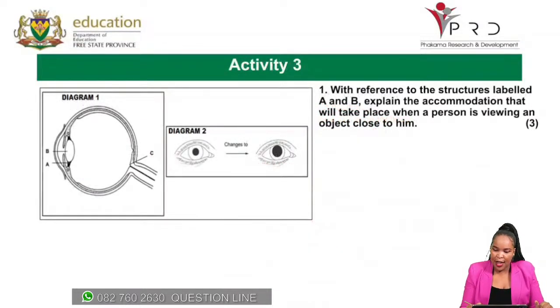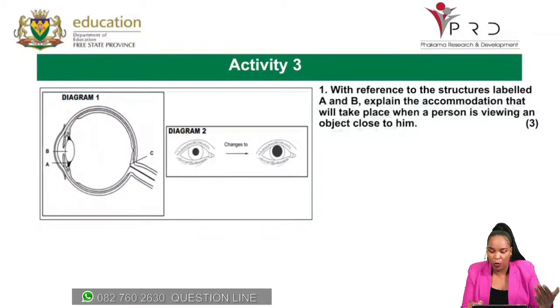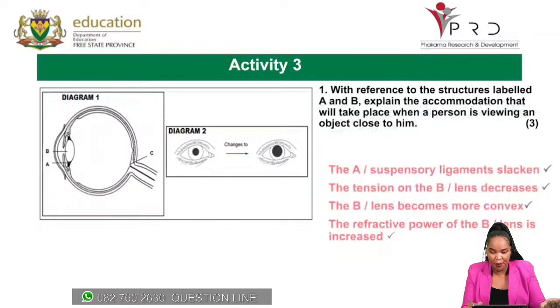Right. And then activity number 3: with reference to the structures labeled A and B, explain the accommodation that will take place when the person is viewing an object close to him. So what is going to happen? We have done a question on accommodation, this is just to recap for you.